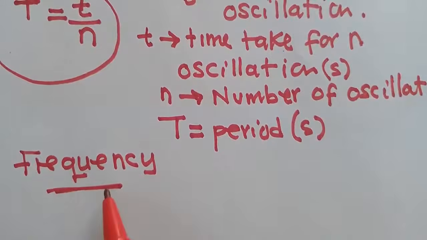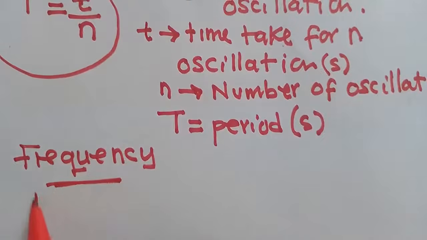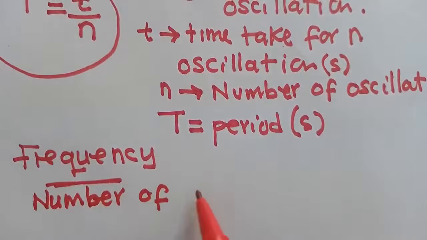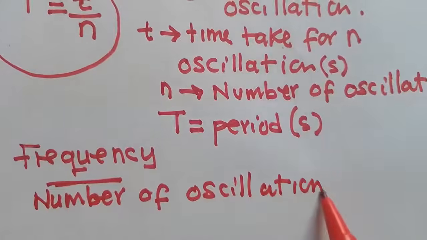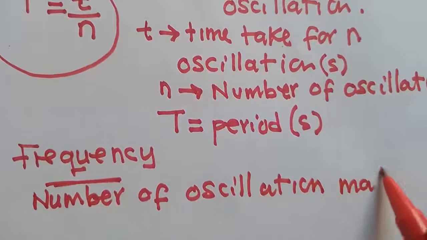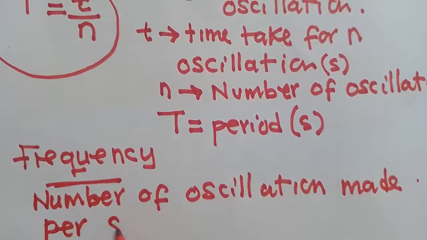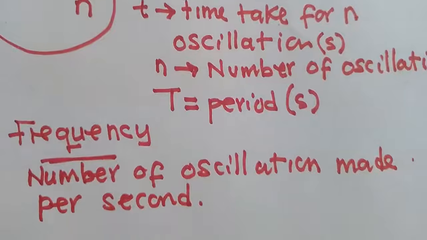How do we define frequency? Frequency is the number of oscillations made per second. Per second. This is frequency.